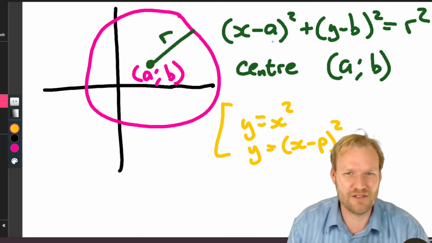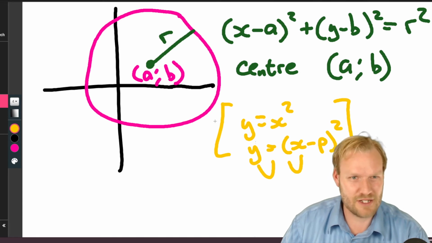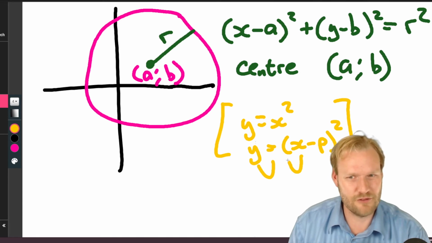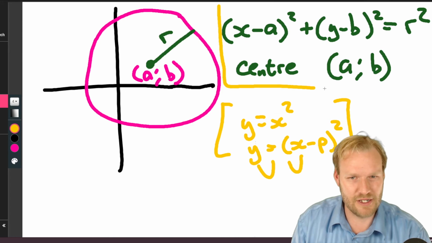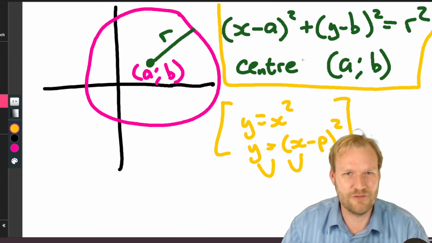So maybe you think of that in the same terms: if you move it left and right, you've got this a, and if you move it up and down, you've got this b. You do the same with the y part. So just think about a parabola moving around. That's explaining where our formula comes from. Of course, from here on in, you're probably just going to think, oh, that's what our formula is.